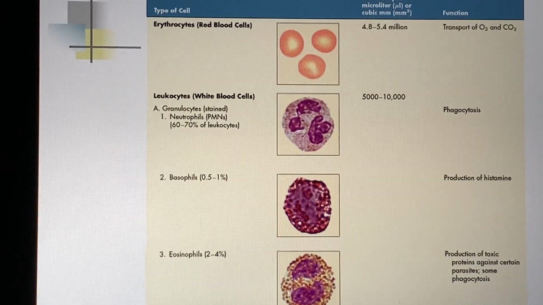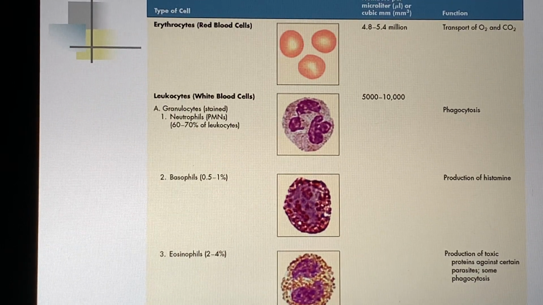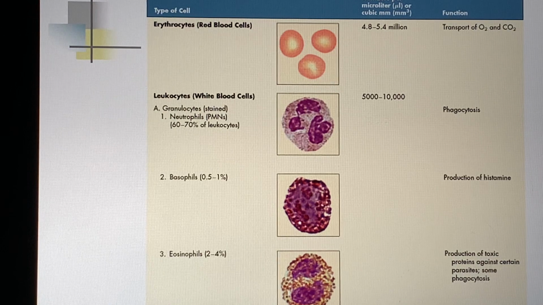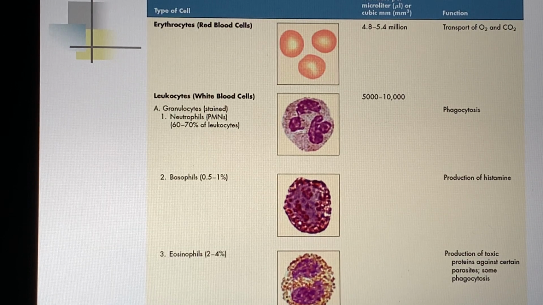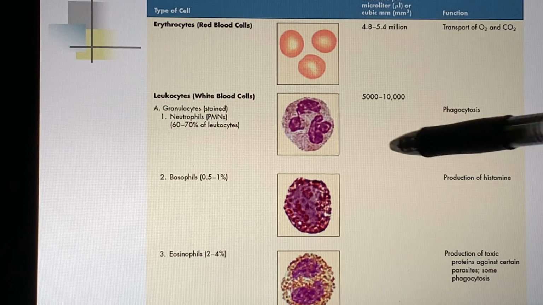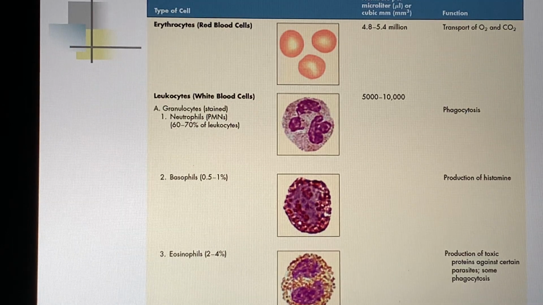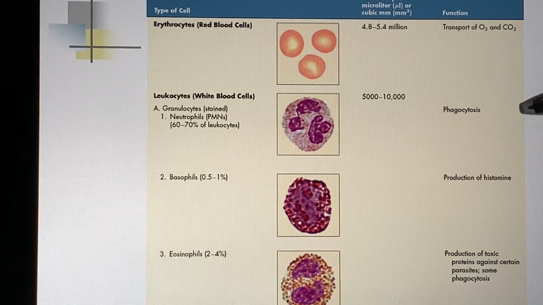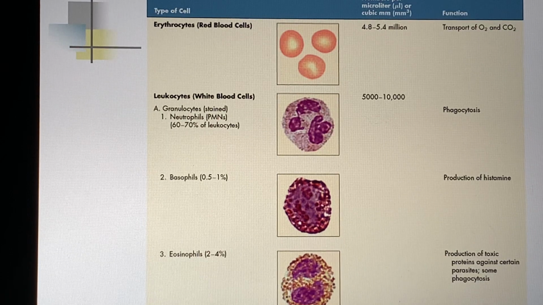Let's say, for example, you get a puncture wound in your arm. Some Staph aureus got in with the puncture wound, and now you've got Staph aureus growing and you've got an infection started. Once the neutrophils get the signal, uh-oh, we have a problem, they are going to travel to the site of that puncture wound and they are going to start eating stuff that doesn't belong. That is their primary purpose.